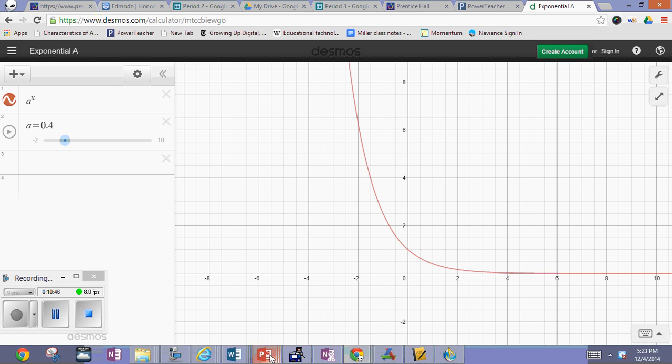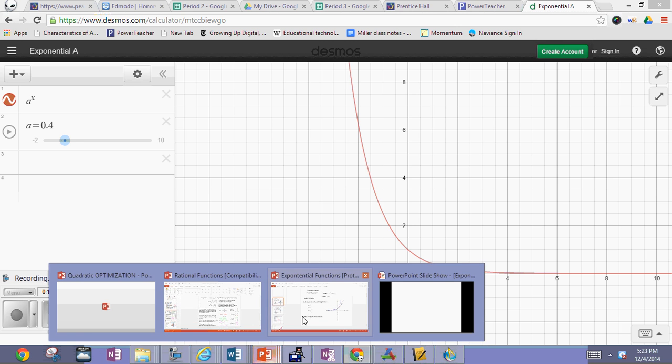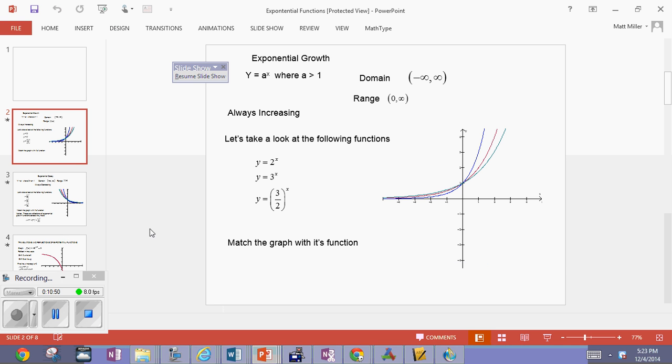So taking you back a little bit to what we were looking at, we have the exponential growth functions, y equals a to the x, a greater than 1. Always growing, always increasing in the positive x direction, going through 1. As the base gets larger, the rate of growth gets larger, the average rate of change, the same notion.